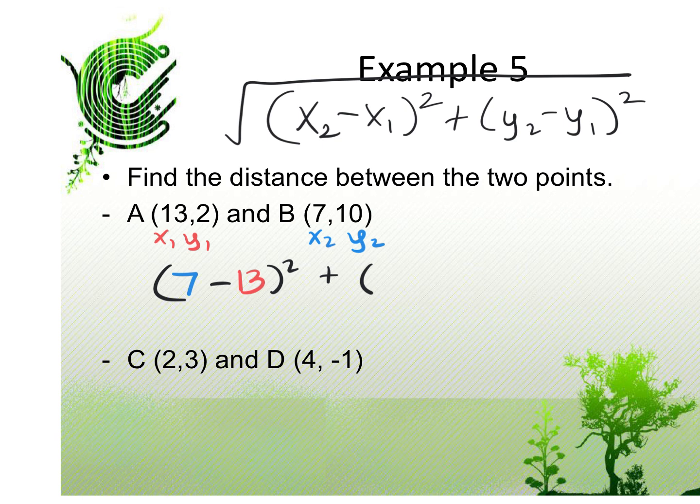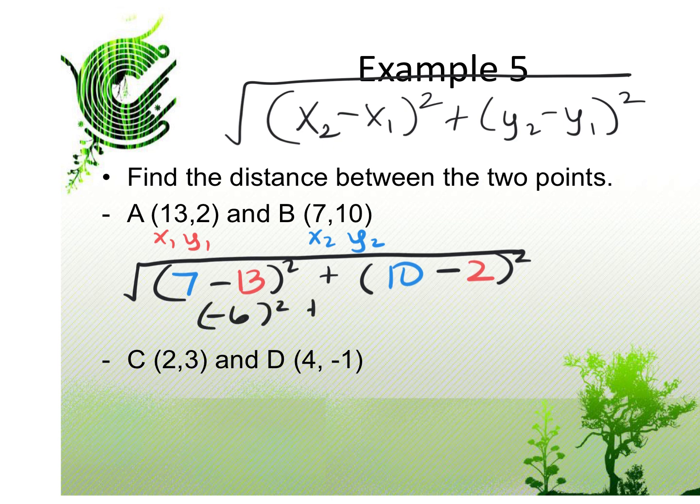10 minus 2. And it's squared, but then this whole thing's under the square root. I have to follow order of operations. So I have to subtract first, then I square it, and then I'm going to add and square root.